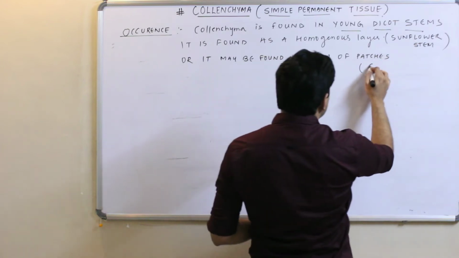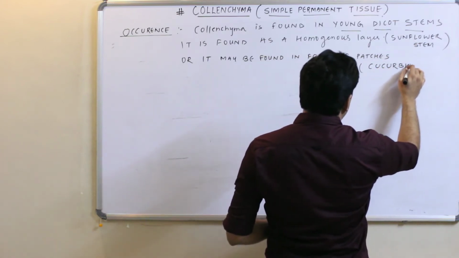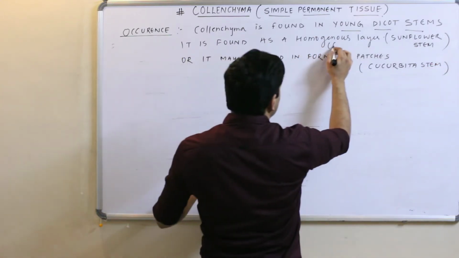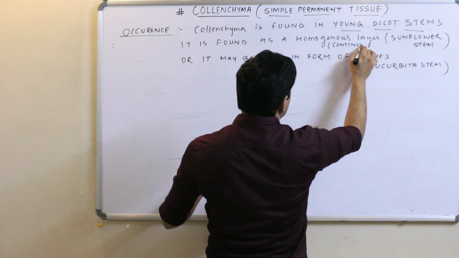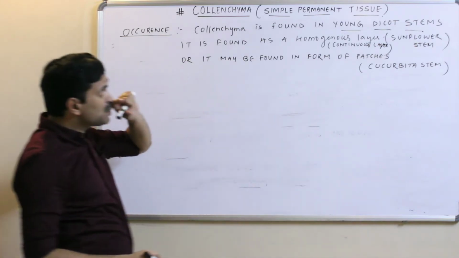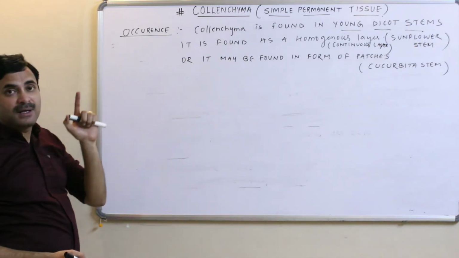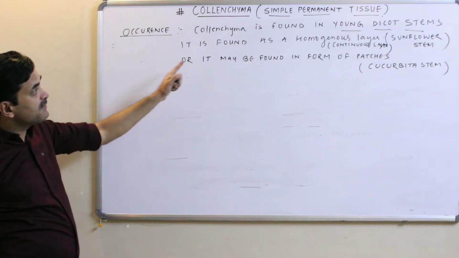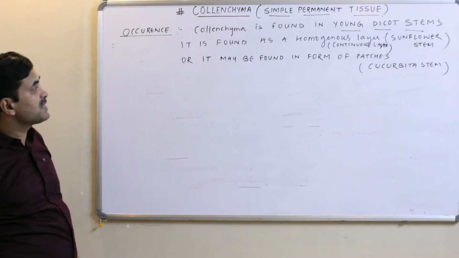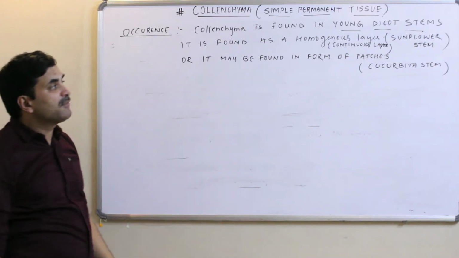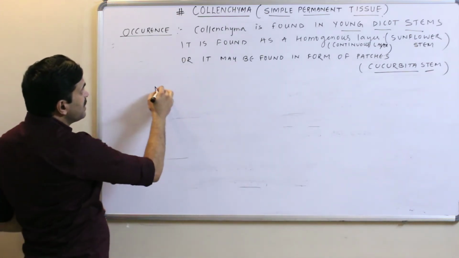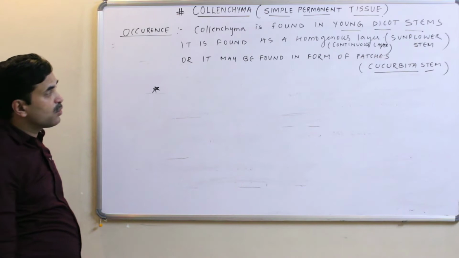The best example is the cucurbita stem. Homogeneous layer means continuous layer. Are you getting? So collenchyma is found in young dicot stems, as a homogeneous or continuous layer, for example in the sunflower stem, or in the form of patches, as in the cucurbita stem.